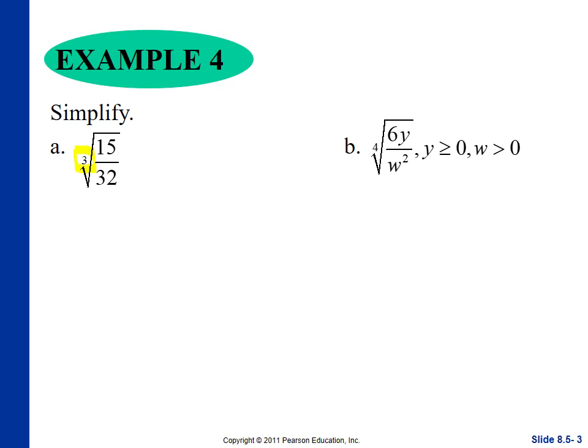So here we have the cube root of 15/32. Again, we're going to break that into two parts, the cube root of 15 and the cube root of 32.